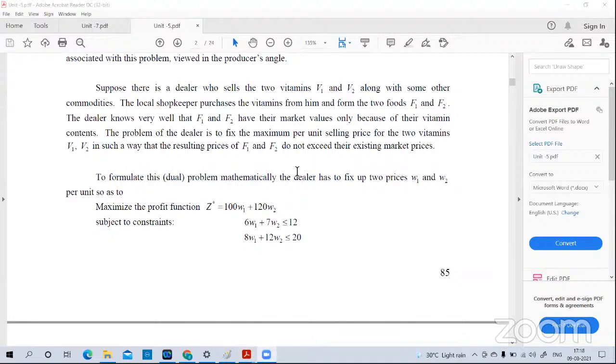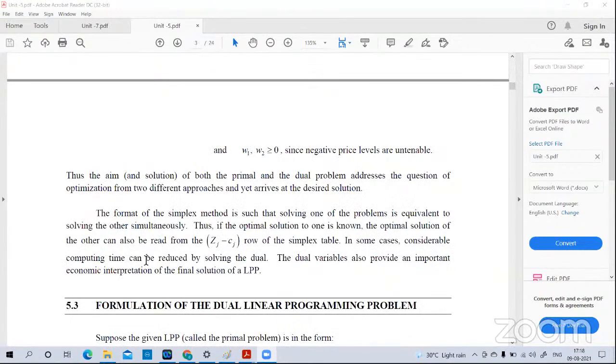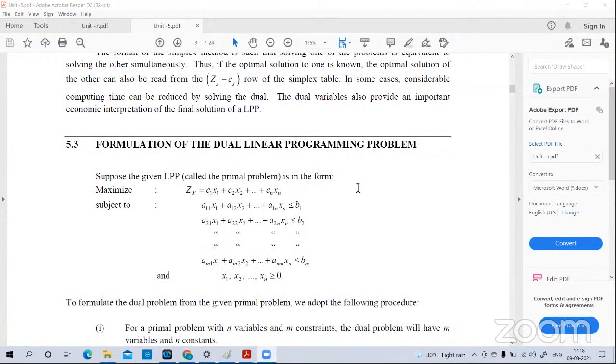So given maximization Z, it will convert to the minimization Z. So Z equals C1 X1 plus so on Cn Xn, subject to A11 X1 plus so on A1n Xn less than or equal to B1, A21 X1 plus A22 X2 plus so on A2n Xn less than or equal to B2, and so on, Am1 X1 plus Am2 X2 plus so on Amn Xn less than or equal to Bm, and X1, X2, so on, Xn are greater than or equal to 0.